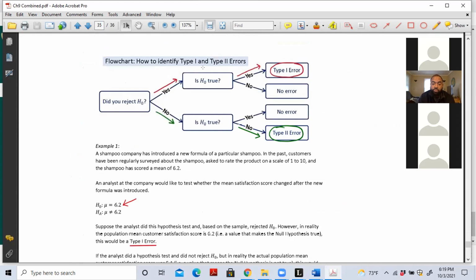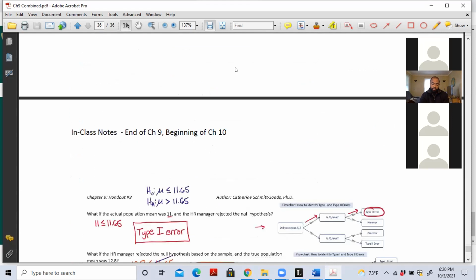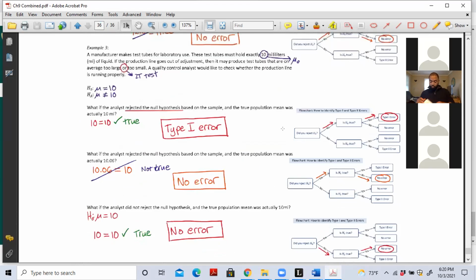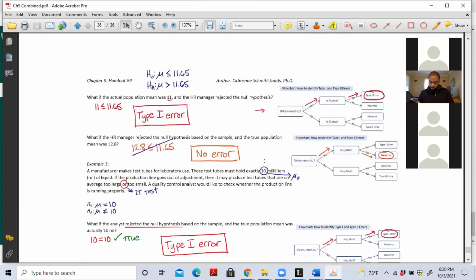So 3-4 questions will come from this error, whether it's a type 1 error or type 2 error. So slide 31, slide 35 and 36. All right, so that's from chapter 9. Mostly, yeah, 35, 36, you guys practice, and it's covered in my lecture videos as well.